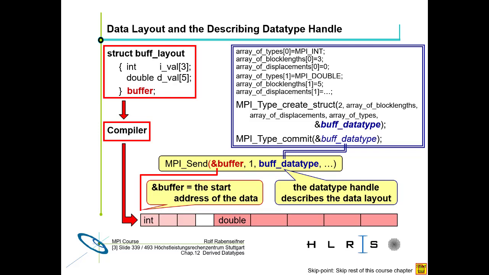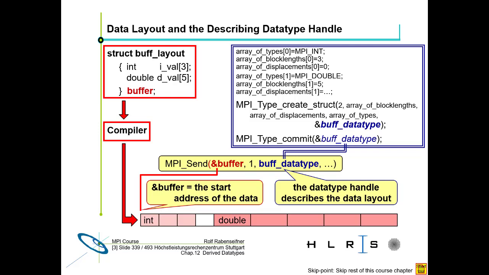All these arrays would have length 2, and the first 3 elements of the struct are of type MPI int. The block length obviously is 3, because there are 3 of those. The displacement of that particular part of the struct is of course 0, because it starts at the beginning of the struct.